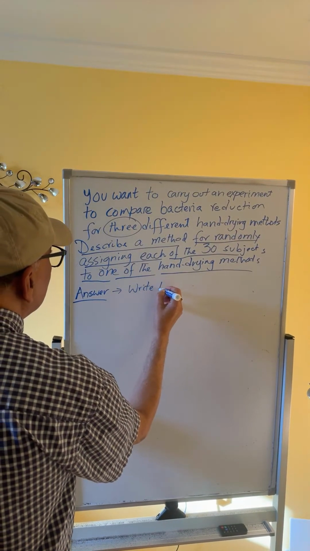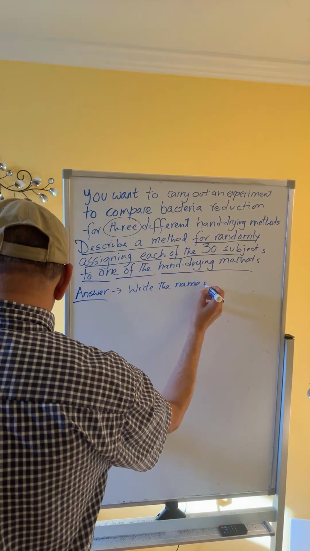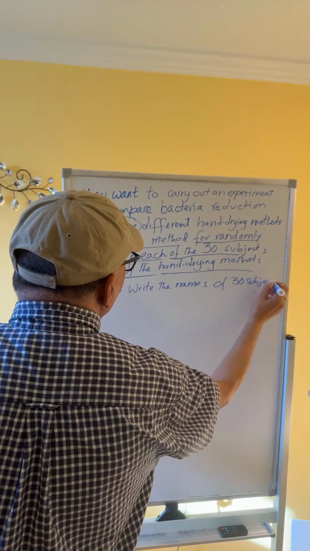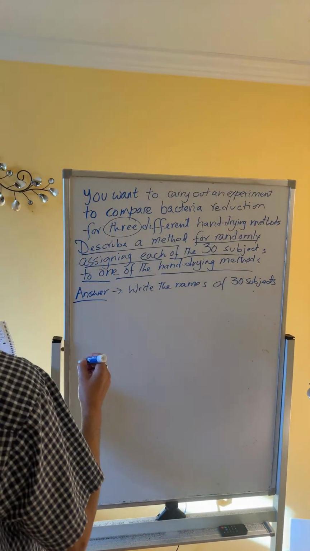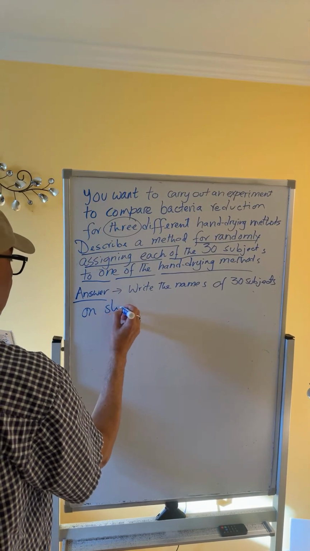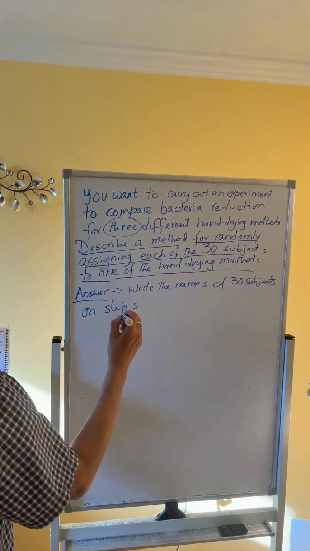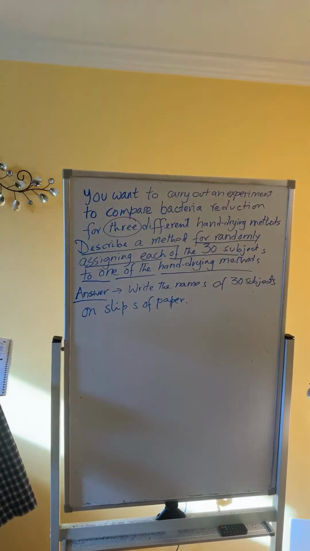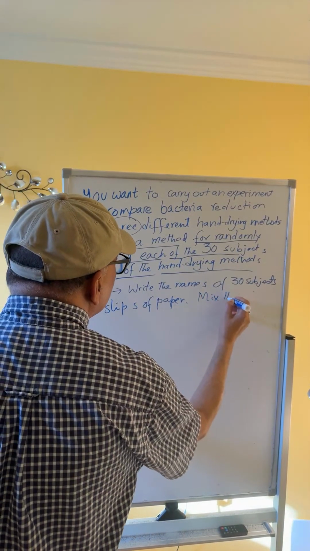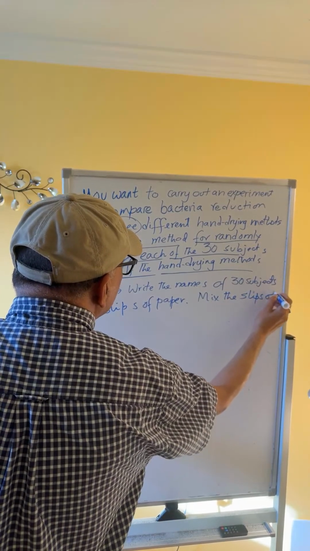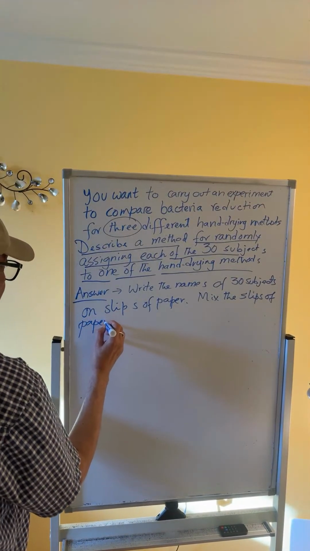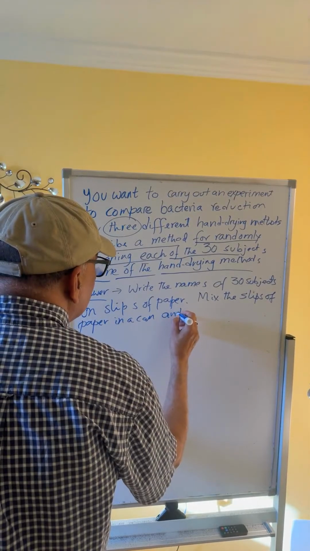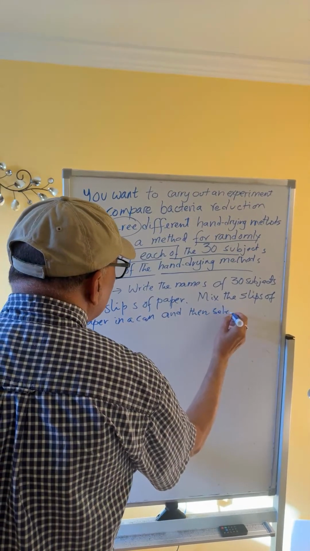Write the names of 30 subjects on slips of paper, mix the slips of paper in a can, and then select 10 slips.